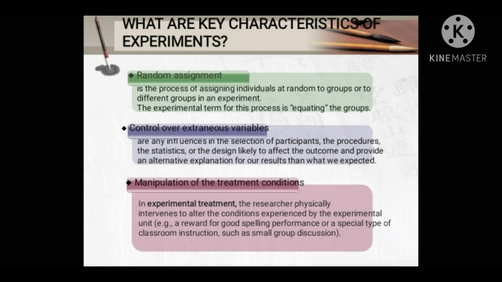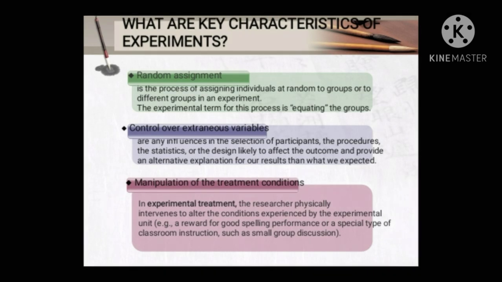All experiments have some random error where the scores do not reflect the true scores of the population that you can control. But you can try to control extraneous factors as much as possible.